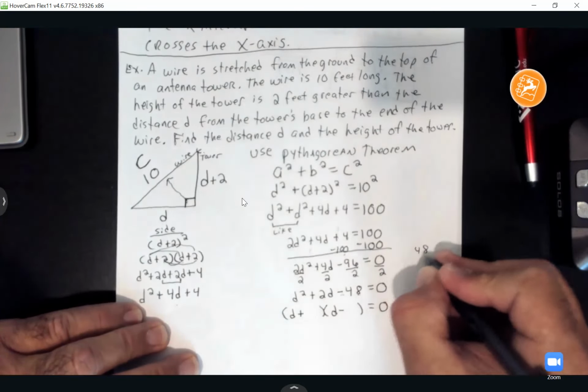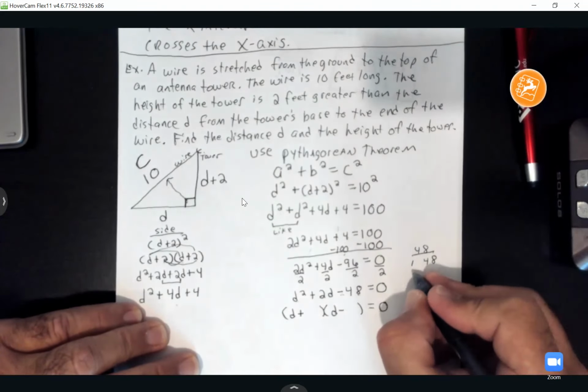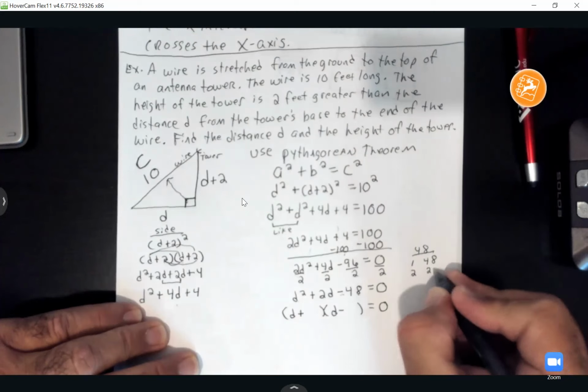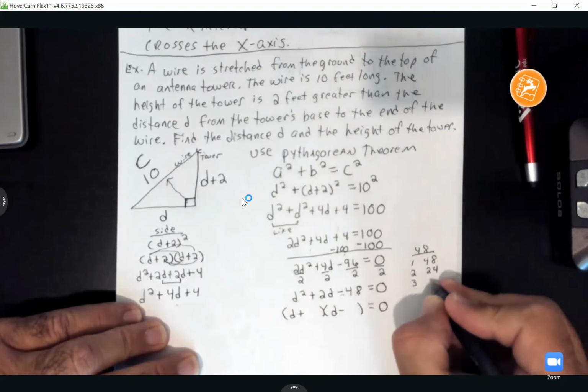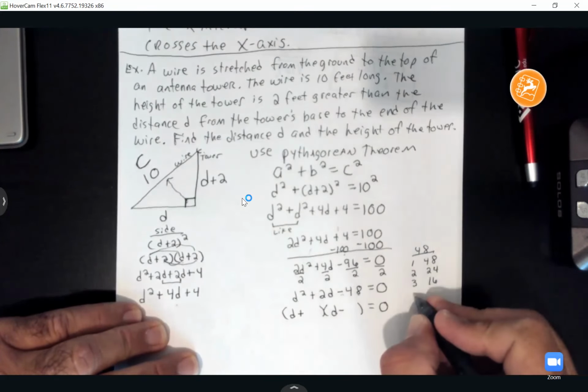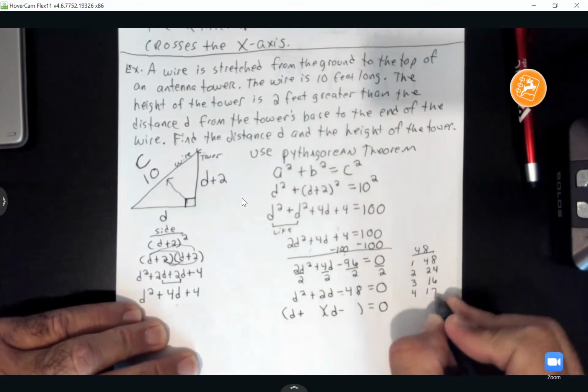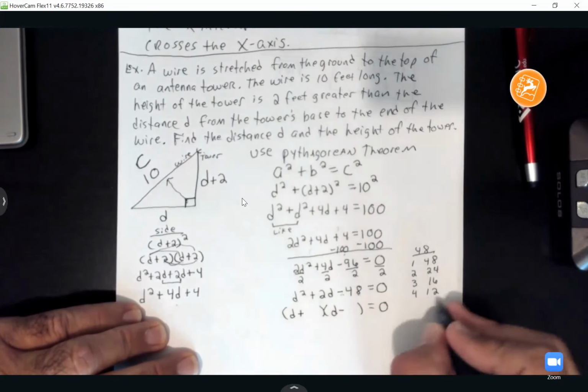So let me play a 48. 1 and 48, that's not working. 2 and 24, that's not working. 3 and 16, that's not working. What's next? 4 and 12, getting closer, but I don't get a 2 yet. So what's next?